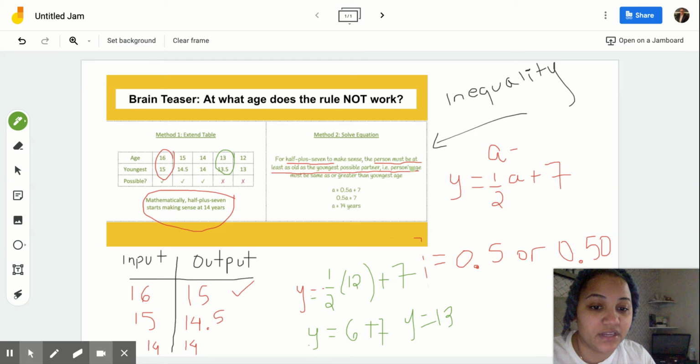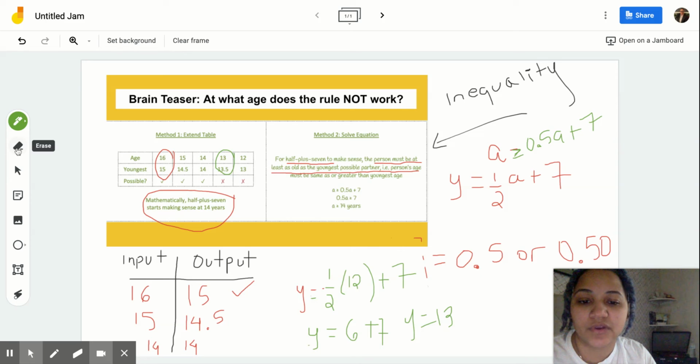And the keyword here is at least: the person's age must be the same or greater than the youngest age. So now we have an inequality: the older person can date anyone who is the same age or older. That's why we have that little symbol down here. Or older, plus 7. So we turn that into that inequality.